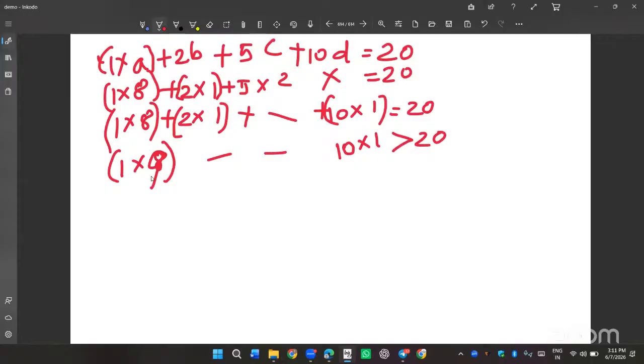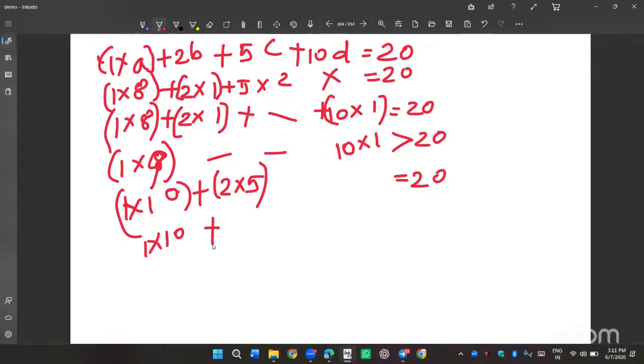At the same time, I can take 1 kg 10 times. In that, as we discussed, I can take remaining 2 kg 5 times. So 20 kg totally. I can get again 1 kg 10 times plus, I leave this, I take 5 kg 2 times.